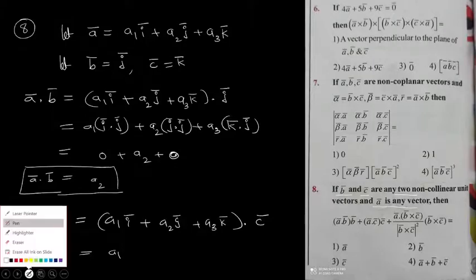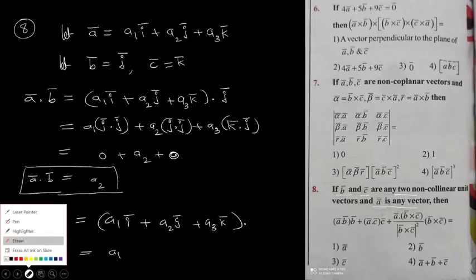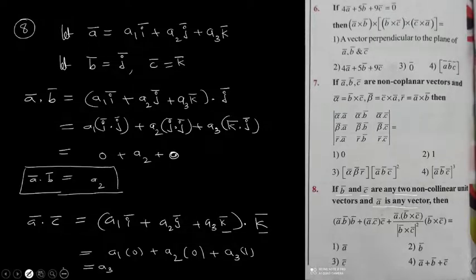Therefore A1 into I bar dot K bar is 0, A2 into J bar dot K bar is 0, and K bar dot K bar is 1. So finally A bar dot C bar is A3. Substitute here.